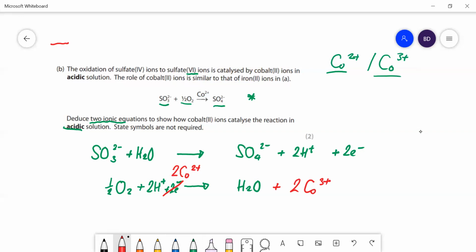Okay, and let's do this equation now. So it's the opposite here. Look, we're giving away 2 electrons, so each of those electrons are going to go to a cobalt 3 plus ion. So we want 2 cobalt 3 plus there.